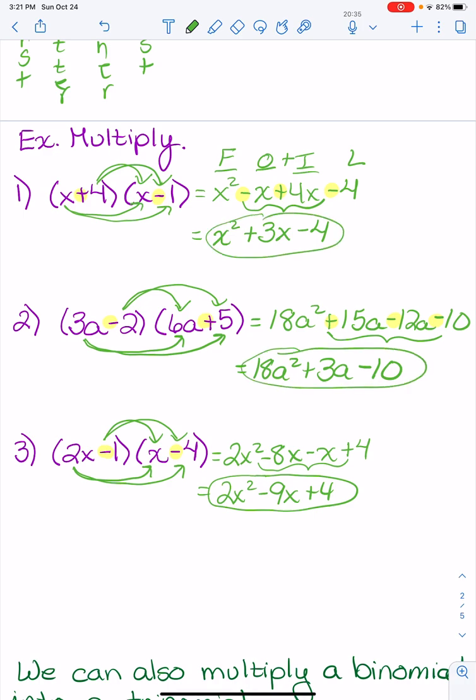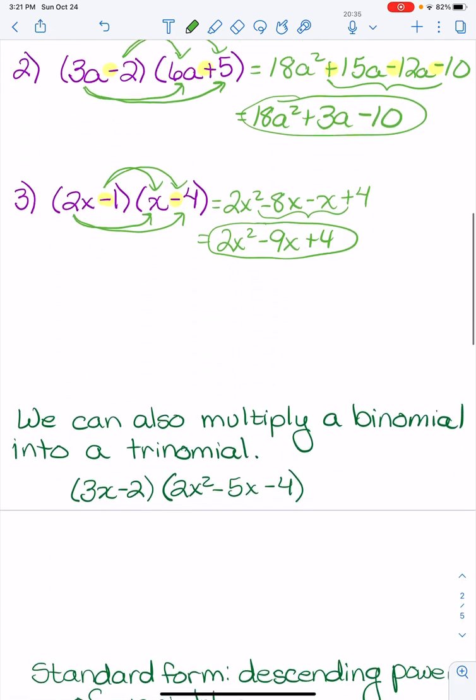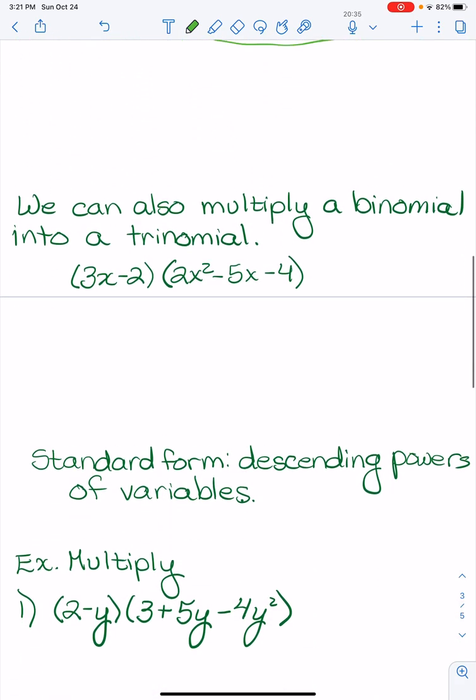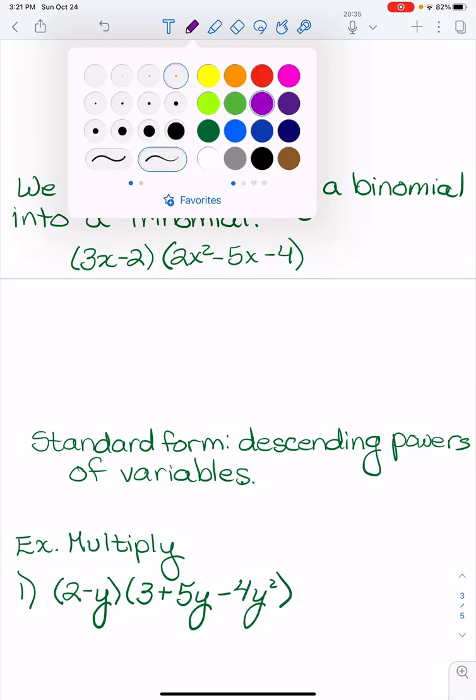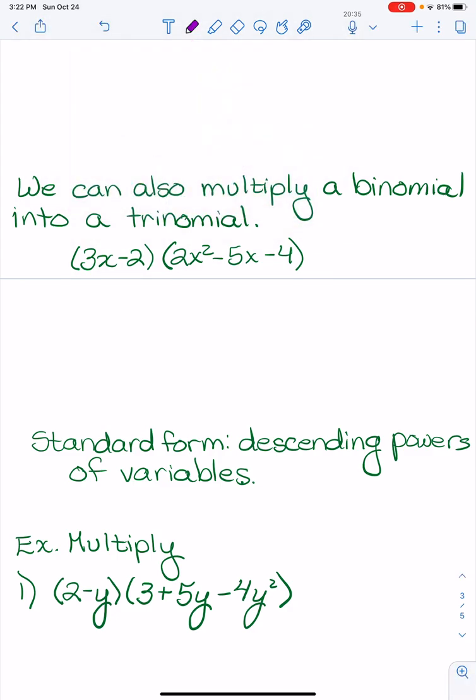Trinomials. All righty. The next step up would be that we can distribute a binomial. So here's a binomial, and look, this is a trinomial. Same exact principle. We're just going to distribute everything in the first binomial to every term in the second trinomial.